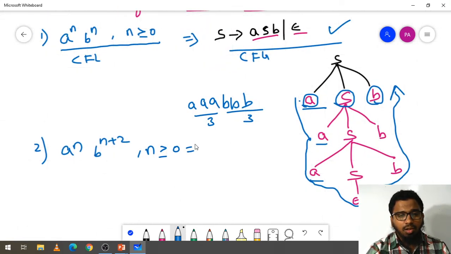What it is telling is that whenever a power n is there, the b power n plus 2 should be more than that. Whatever number of a's we have, for example here a is 3, then the b's should be like this. Clear?